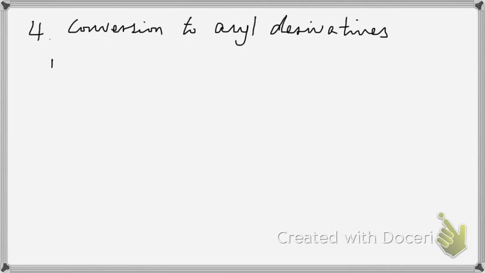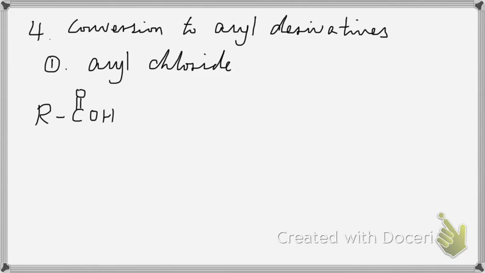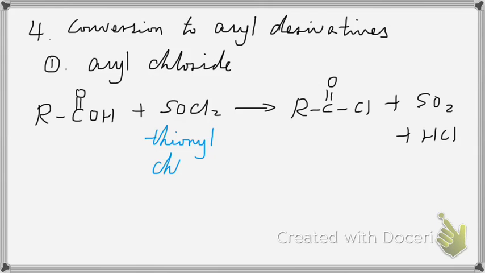Alright. Next reaction for carboxylic acid is the conversion to the acyl derivatives. In the next chapter, we will focus on the acyl derivatives. Here, I just want to mention two of them. One is acyl chloride. So when a carboxylic acid is reacting with thionyl chloride, SOCl2, it will form an acyl chloride.